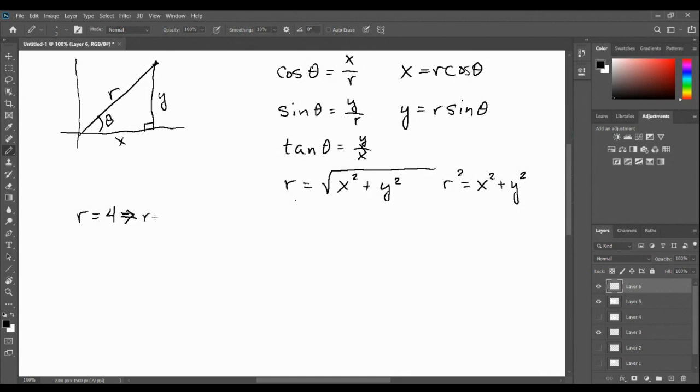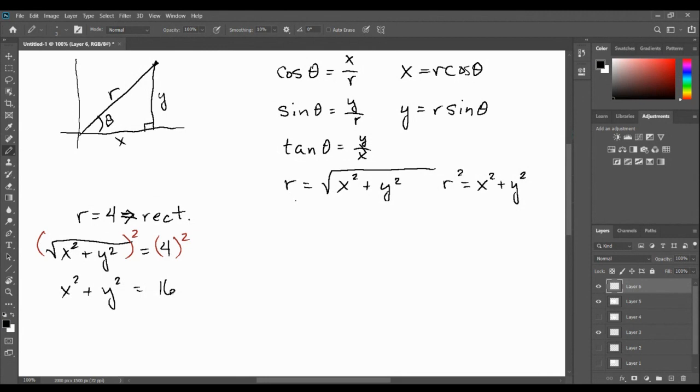Okay, so r equals 4, but we know that r equals the square root of x squared plus y squared. So I would go ahead and square both sides to get rid of the square root. And when I do that, I get x squared plus y squared equals 16. And that would be the equation of a circle with radius 4.